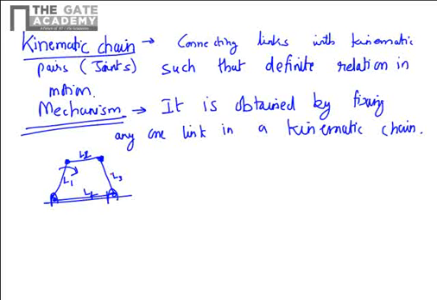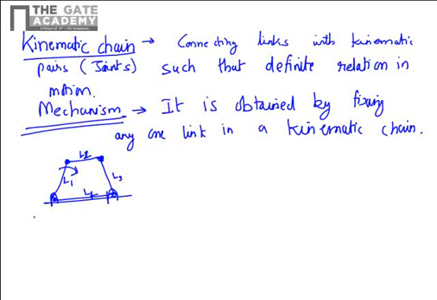For getting effective output and to convert it into something useful in a machine, we have to fix one of the links. So we have fixed here the link 4, and then by that this kinematic chain of 4 links became a mechanism.